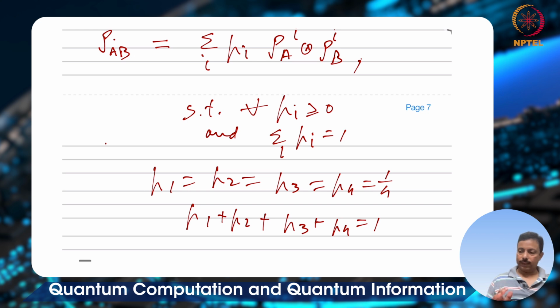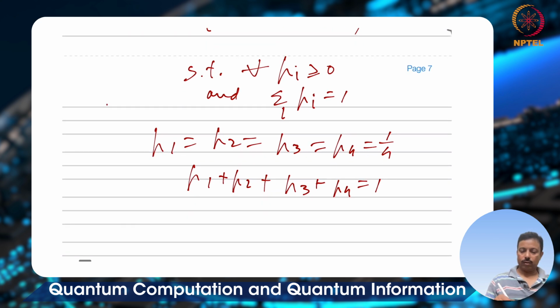So this is called a convex sum. In the next class we'll take it up further. So what is a convex sum?